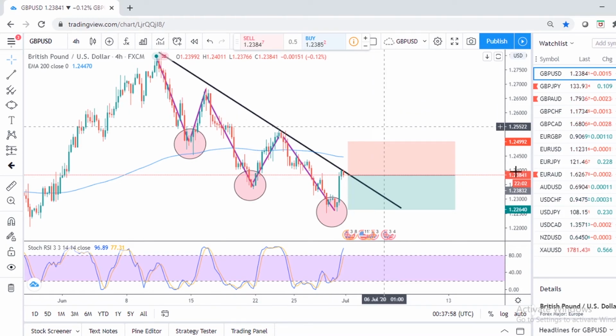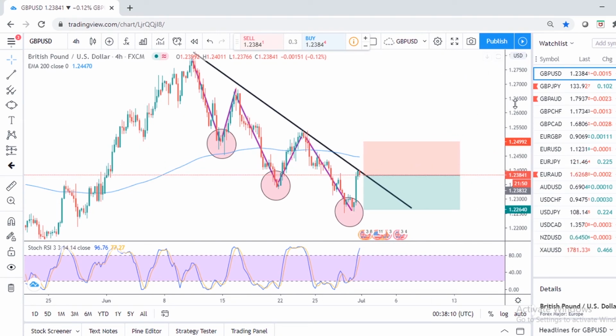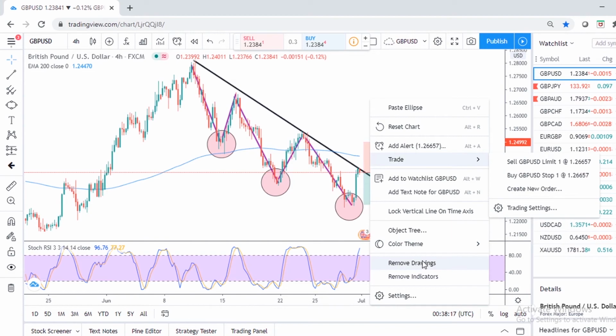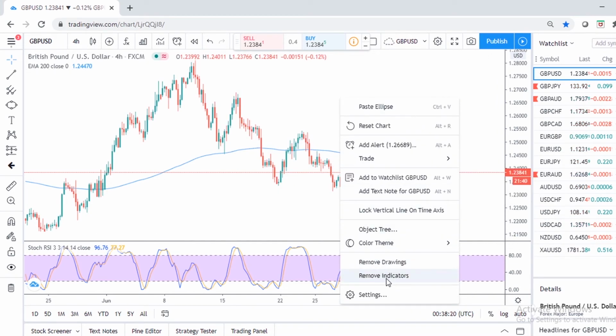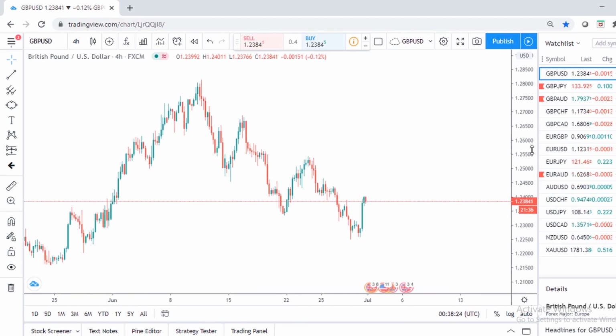And then lastly, my stochastic RSI indicator, if it's close to being overbought or already overbought, then it may be an indicator for me to sell. So that's my confluence. Okay, burahin lang natin tong lahat and my indicators. There. Alright.